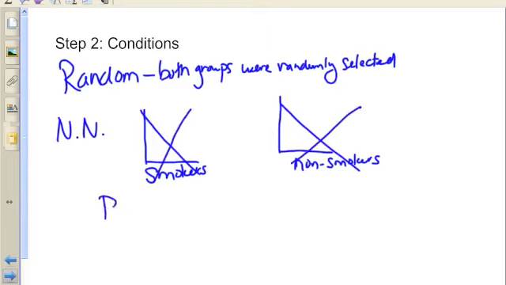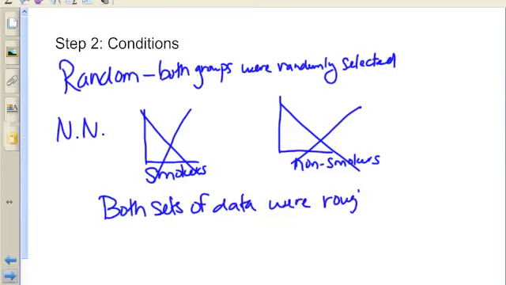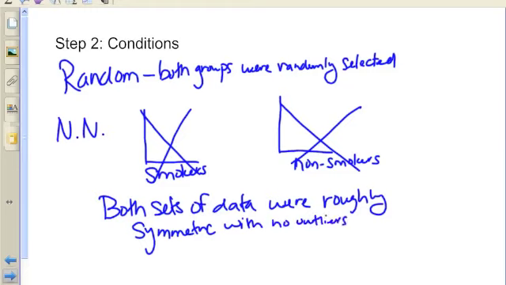We actually just get to say both sets of data were roughly symmetric with no outliers. What does that mean? That means it's nearly normal, so we're good to go. So nearly normal.